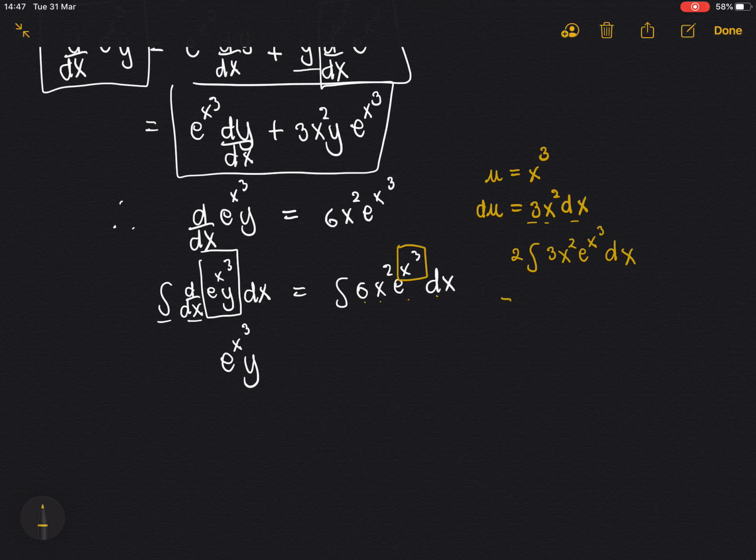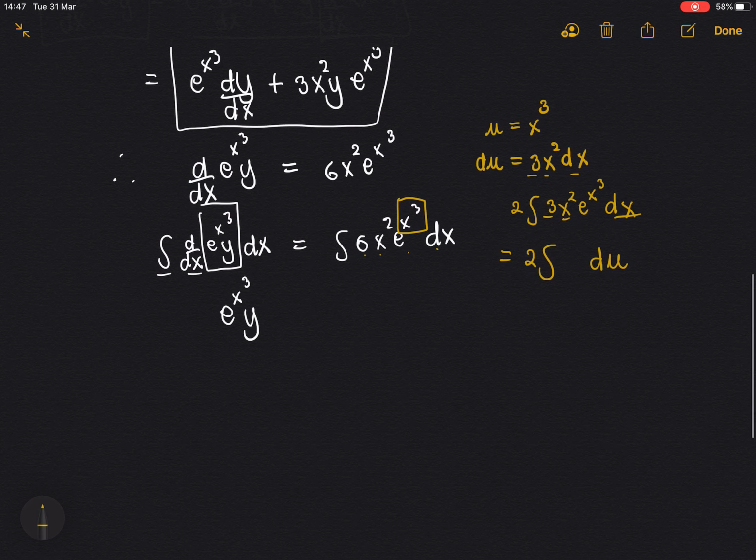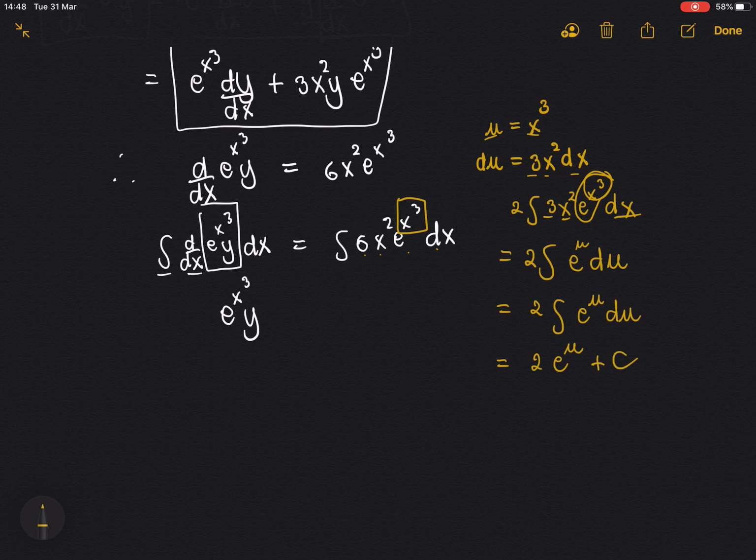So in this case we have 2, and then 3x squared dx is basically equivalent to du. Then we are left with the exponential term, and since we let u be equivalent to x cubed at the beginning, e will be raised to the power of u. So you will have 2, and you only need to perform an integration on the exponential of u du. The integration of the exponential is the exponential function itself plus the constant c.